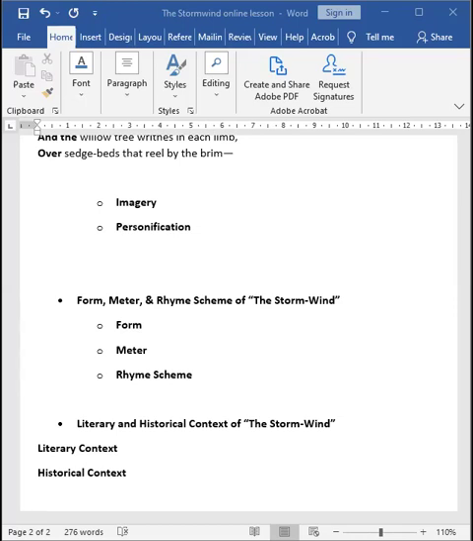So at first, this steady musical form seems at odds with the poem's content. Why? Because the poem is talking about wind, it is talking about the swaying of the wind, it is talking about the violence. Then how come the rhyme scheme of the poem is aligned in that manner?